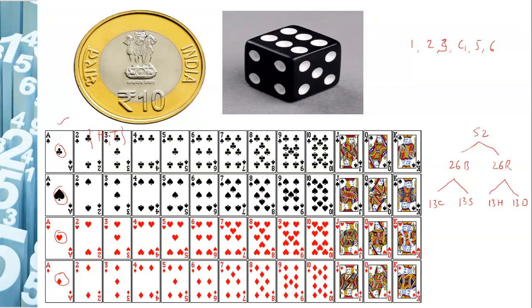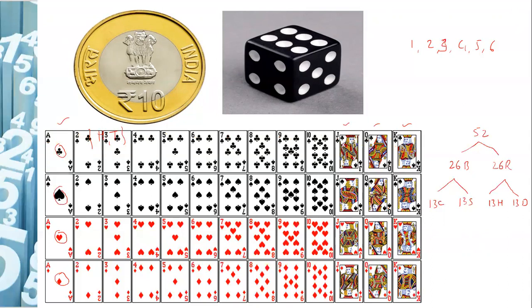After that 2, 3, 4, 5, 6, up to 10, and then the face cards: jockey, queen, and king, J, Q, K. Remember the order, J, Q, K, in place of 11, 12, 13. Ace is just like 1. So make a note of this one.